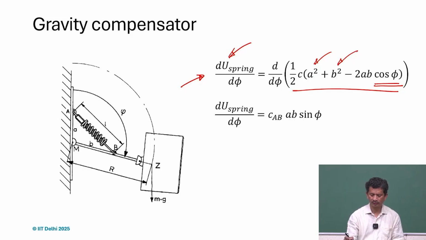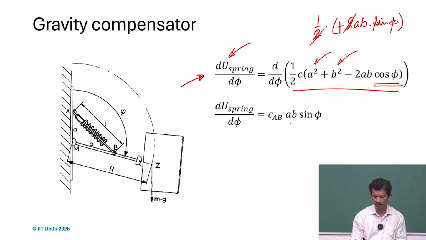If we take the derivative, it will be 1 by 2 times minus 2AB, and the derivative of cos is minus sin phi, so minus minus becomes plus, and the 2 gets cancelled.